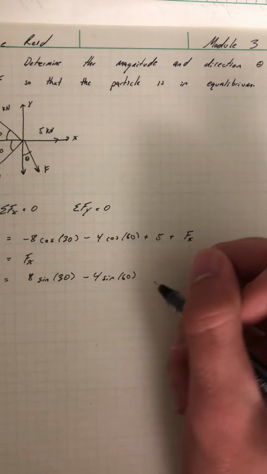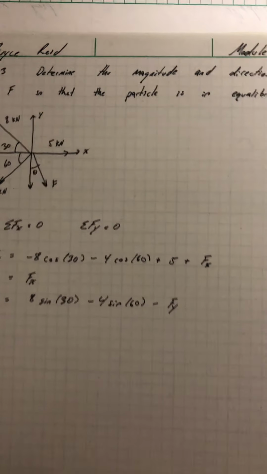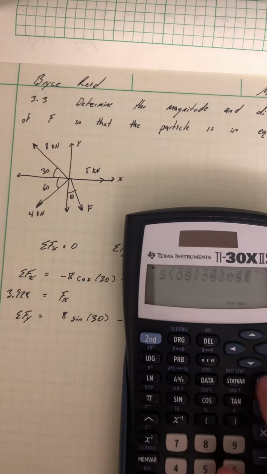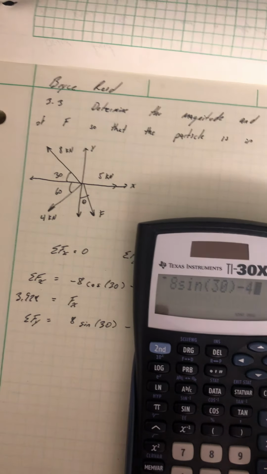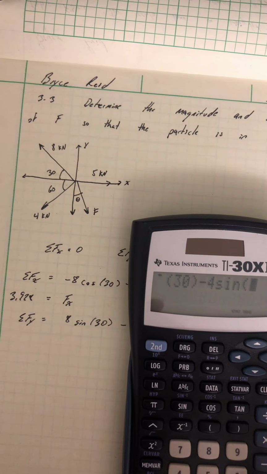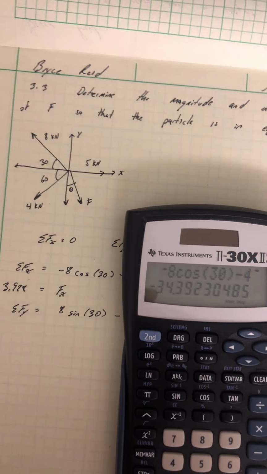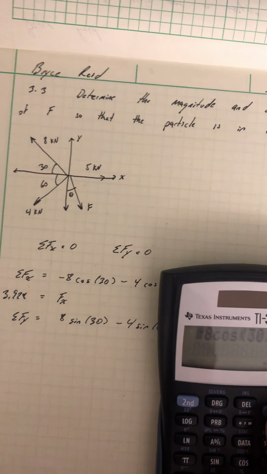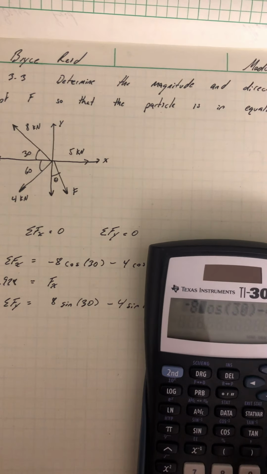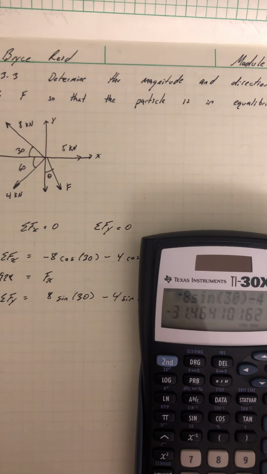And for this, we solve for F of Y. 8 sine 30 minus 4 sine 60 equals, well, hold on, I did that one wrong. I had cosine, which should have been sine. Let's try that again.